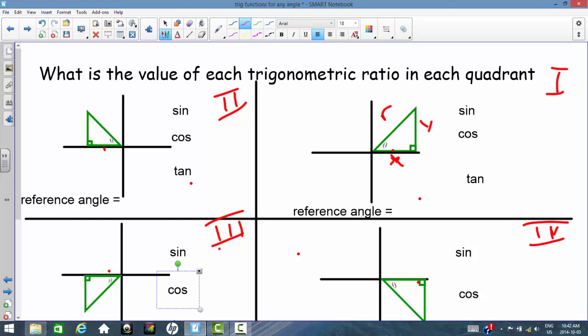Now instead of going positive, this is negative x here. And this is positive y, and this is r here. You'll see why the negatives and the positives become important in a minute. And here, again, negative x, but it's also negative y, and this is still r.